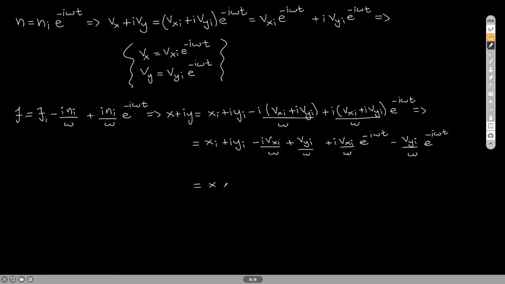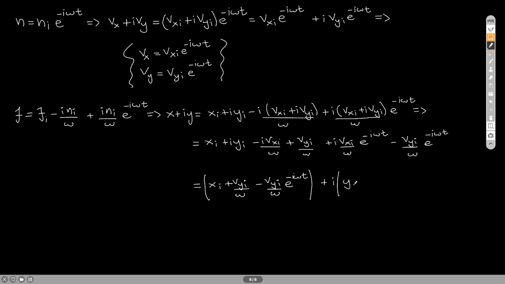And I'm going to rearrange some things. x initial plus Vy initial over omega, minus Vy initial over omega e to the minus i omega t. Let's put this in brackets, plus i.